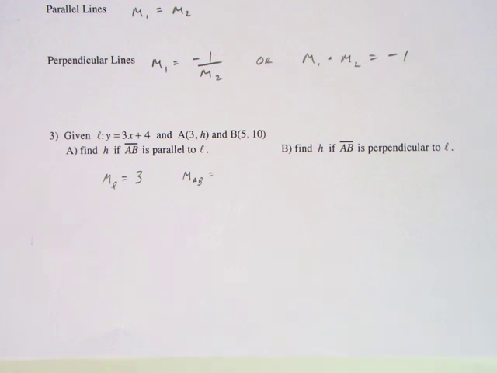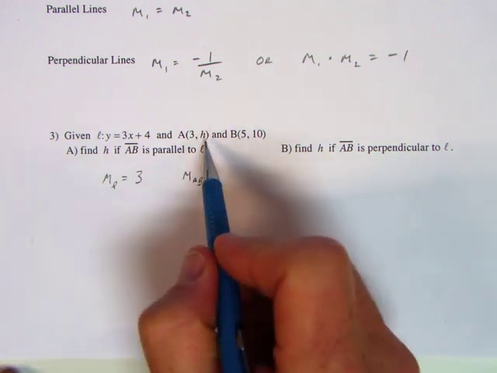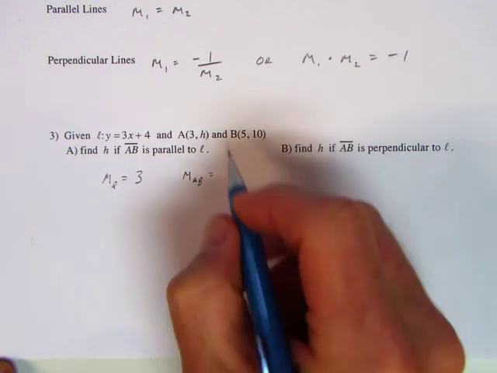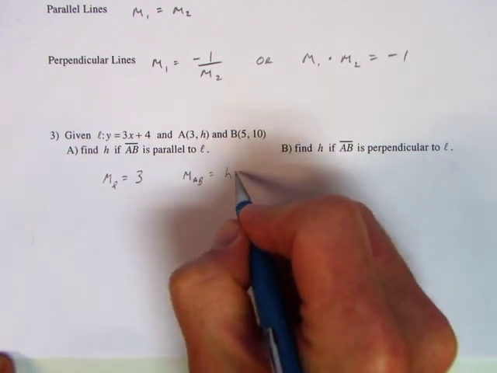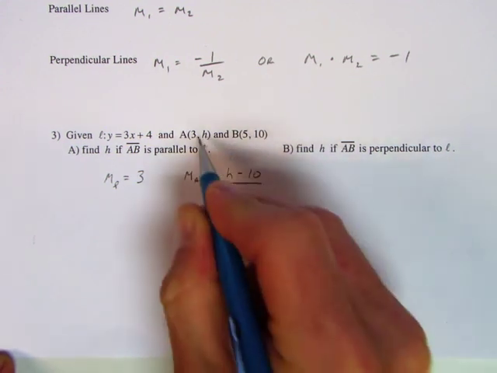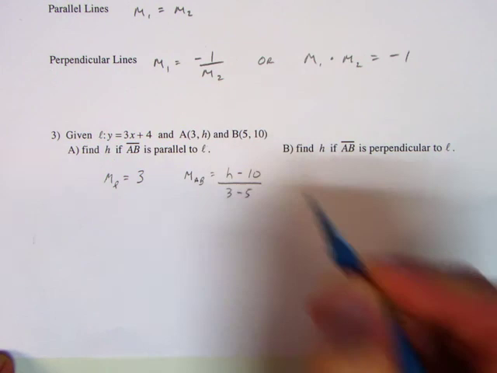We have y2 minus y1 over x2 minus x1. Now we can choose either point to be the x2, y2 point. I would prefer to keep the h positive, since that's our variable. So I'll put h minus 10 over 3 minus 5.